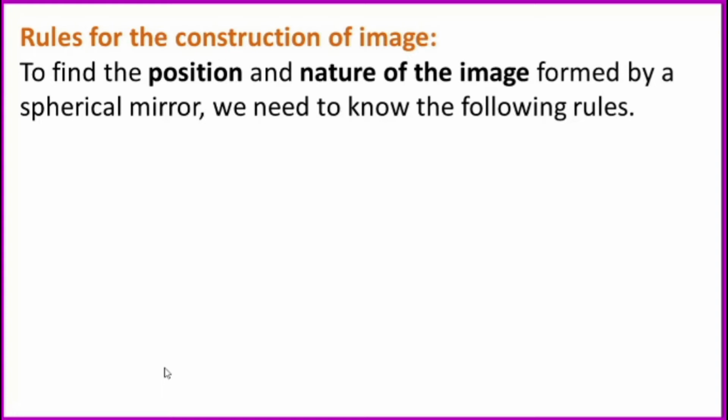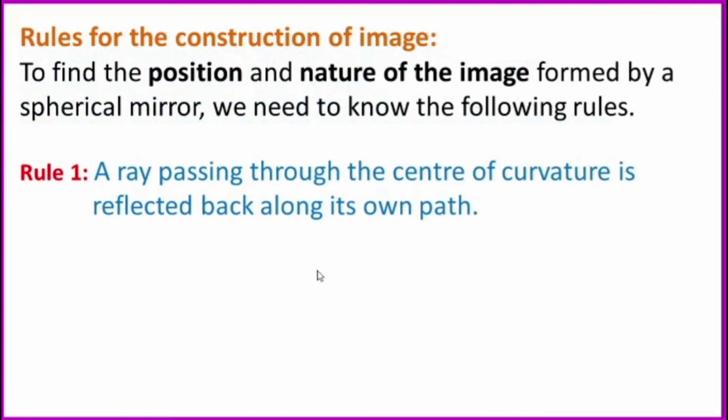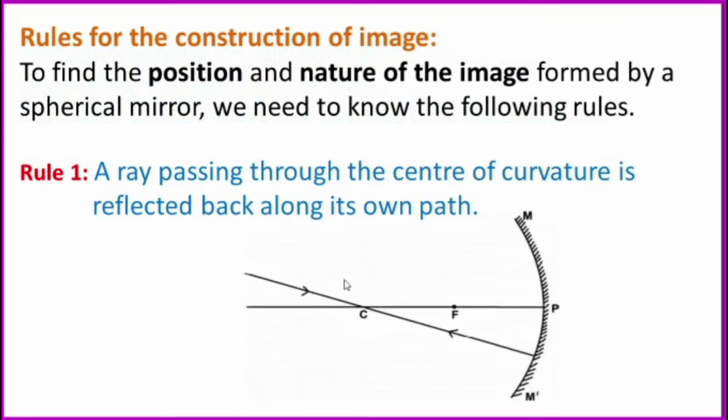They are called concave mirrors. When the reflecting surface is curved outward, they are called convex mirrors. One more time we revise the rules for the construction of image. To find the position and the nature of the image formed by a spherical mirror, we need to know the following rules. Before we go to the rules, we need to know some important terms.